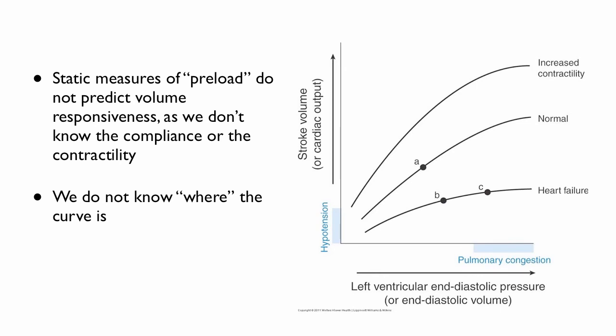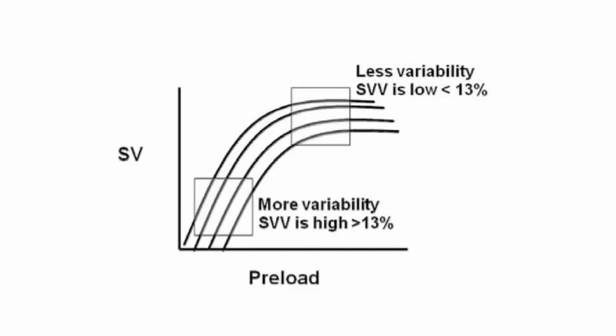If we could do a trial of treatment and just give them a fluid bolus and see if the stroke volume variation or the pulse pressure variation improves, but we may have given them some sort of fluid that they didn't need. So it'd be nice to predict whether they're patients that are going to respond to fluid or not.